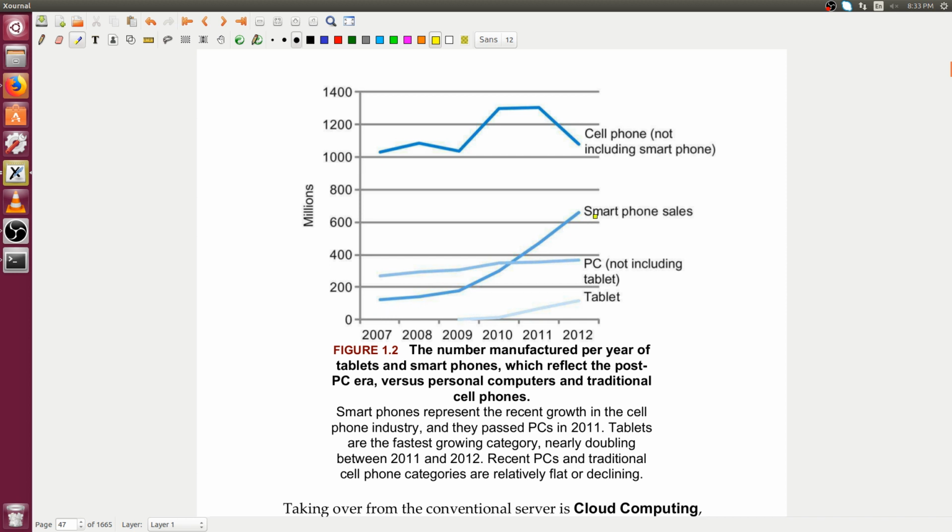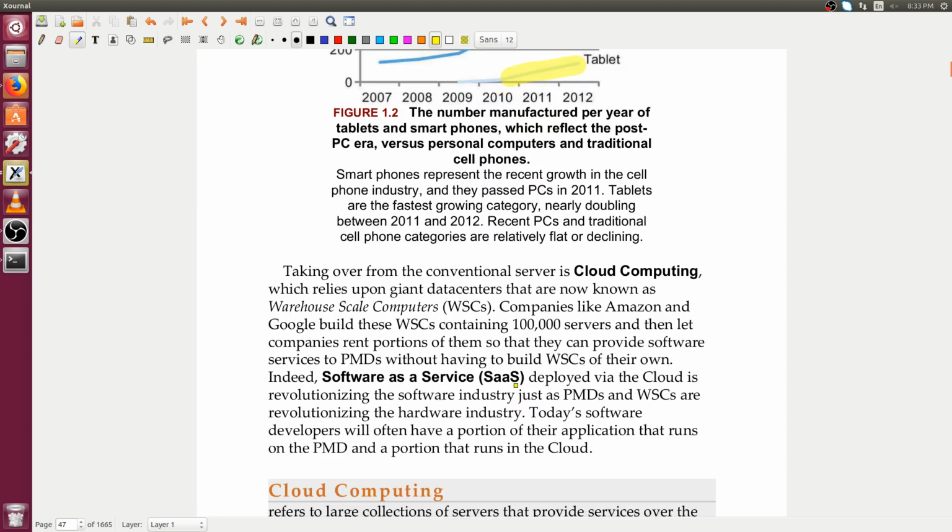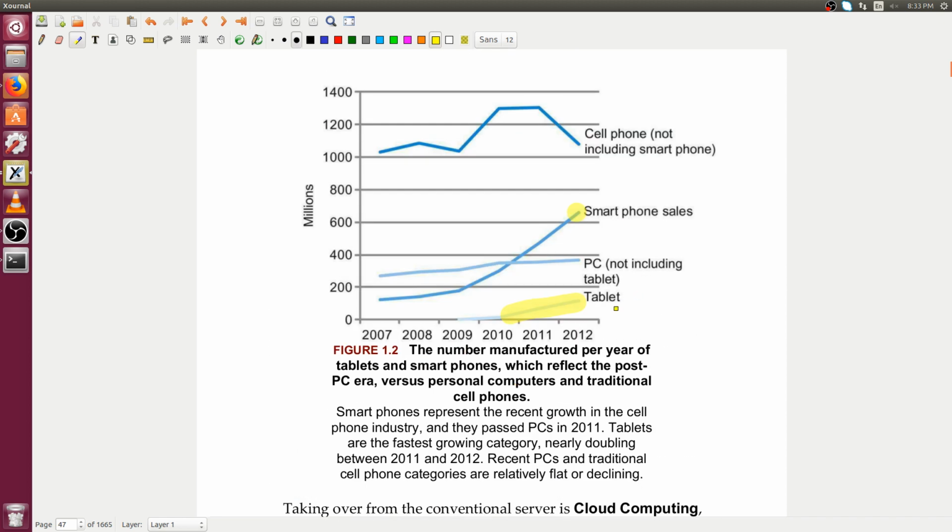Smartphones are increasing, just past 600 million in 2012-ish. PCs, not including tablets, have a very slow rise. Tablets are increasing, not as high as smartphones, but about 2 times faster than PCs. So that's fairly interesting. I had no reference really for tablets.